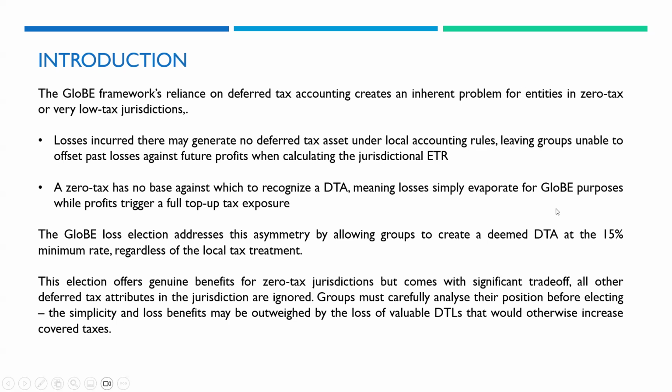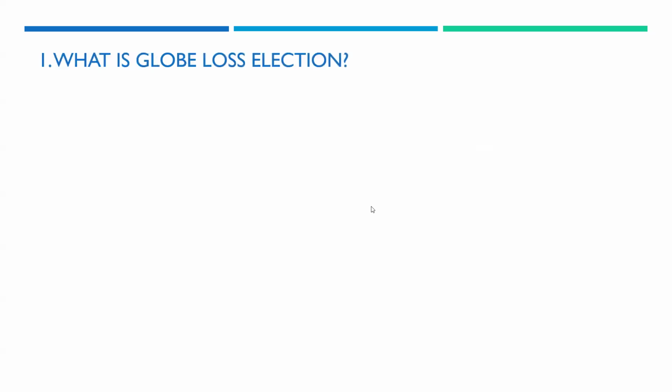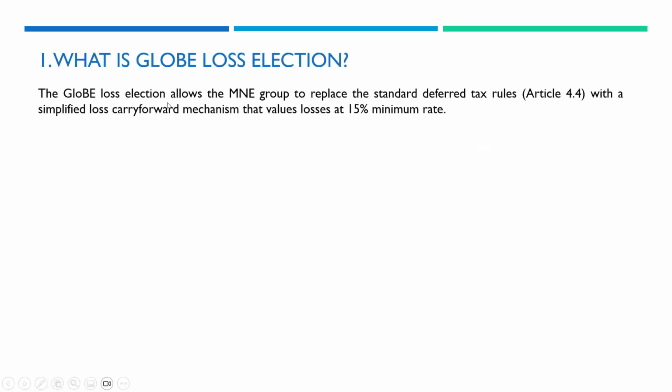Okay. So, what is GloBE law selection? Let's understand. GloBE law selection allows an MNE group, as per Article 4.5, be very clear about the article number, to replace the standard deferred tax rules, which is in 4.4, with a simplified loss carry forward mechanism that values losses at a 15% minimum rate.